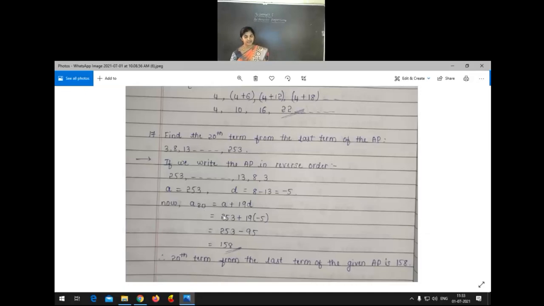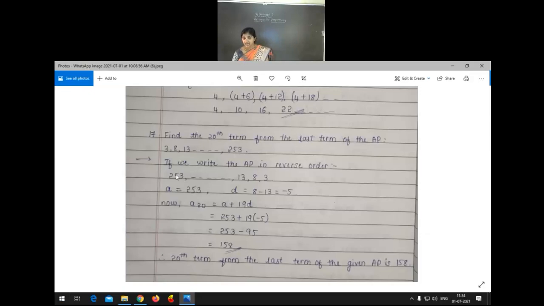That's why A20 is equal to A plus 19D. Then A is 253, plus 19 into D, which is -5. Then 253 plus 19 into minus 5, minus 95. Then it is 158. 20th term from the last term of the AP is 158.